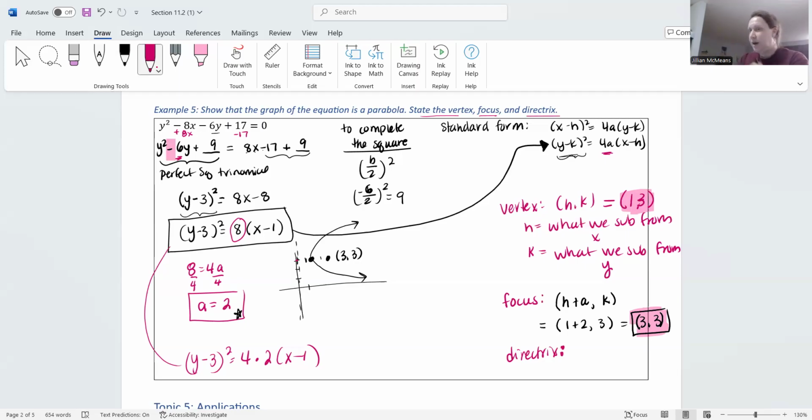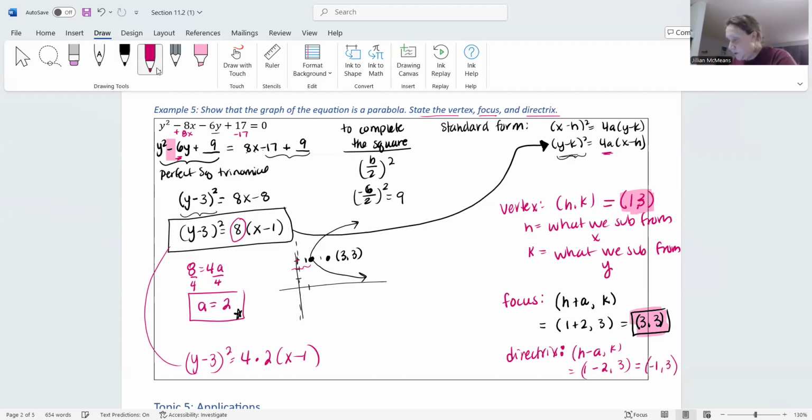And then we use it to get the equation for the directrix. So I need to subtract a units. It's going to be (h minus a, k). So that's going to be (1 minus 2, 3). So my directrix is going to go through the ordered pair (-1, 3).